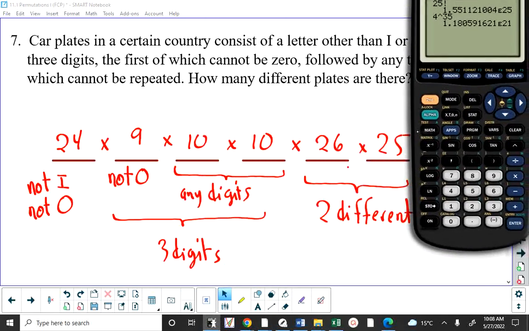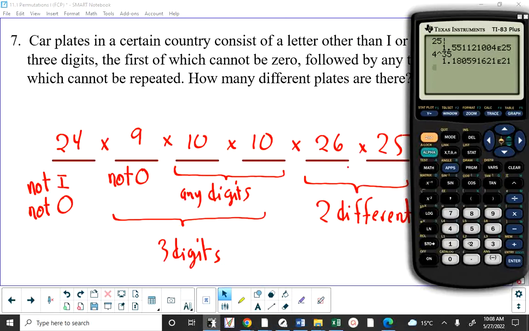Let's say 14 million something. 141 million, no, that's not right. I've got a space that's missing here.